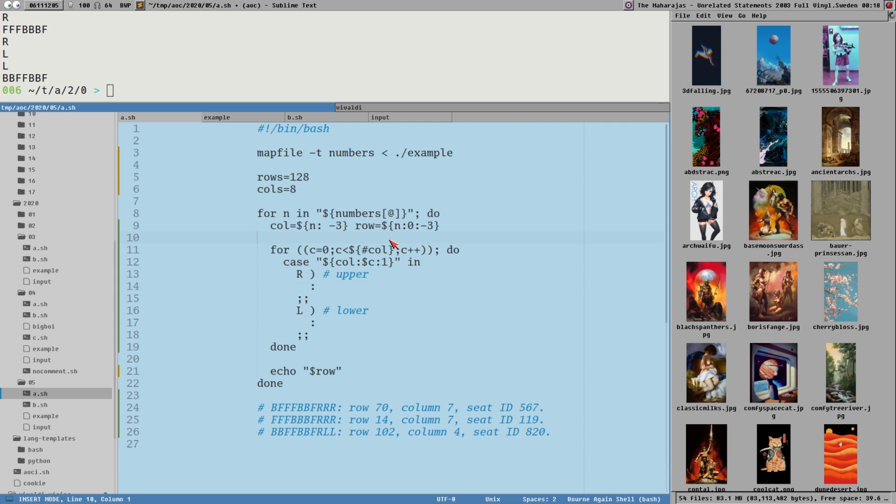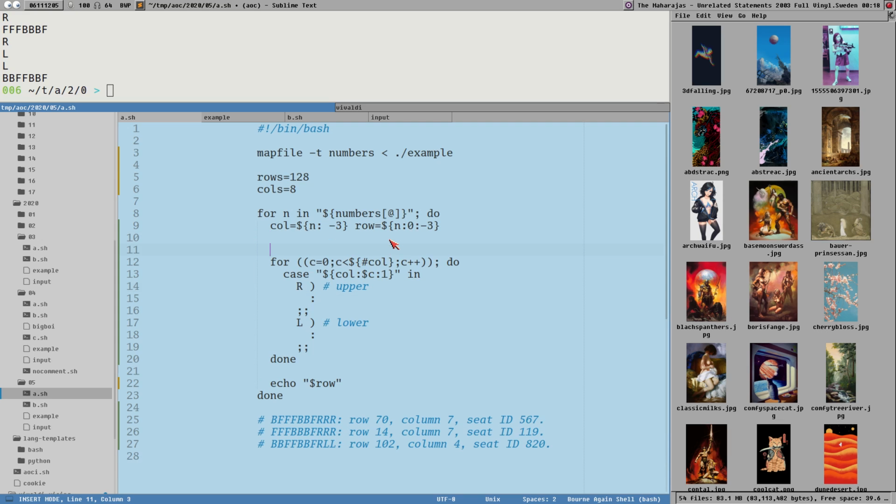So we start at 8. Maybe, whatever. Column is equal to 8.